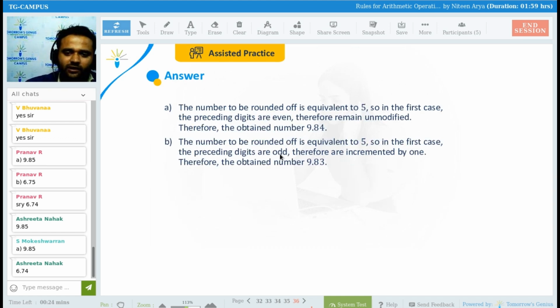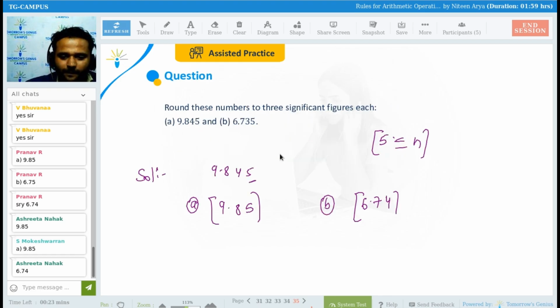Here the explanation is not correct, because the number to be rounded off is equivalent to 5. In the first case, the preceding digit is even, therefore it remains unchanged. One method is this one also: if the preceding digit is odd, it is incremented by 1. What is the meaning?